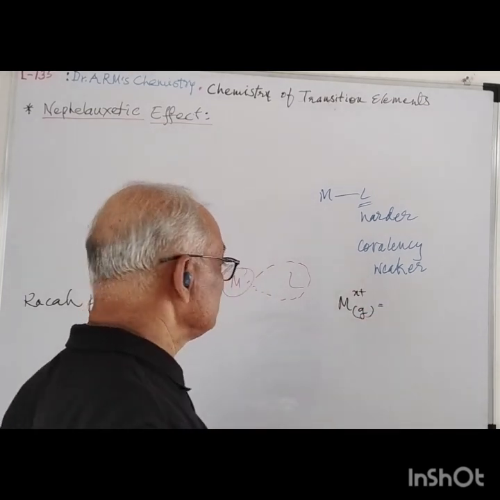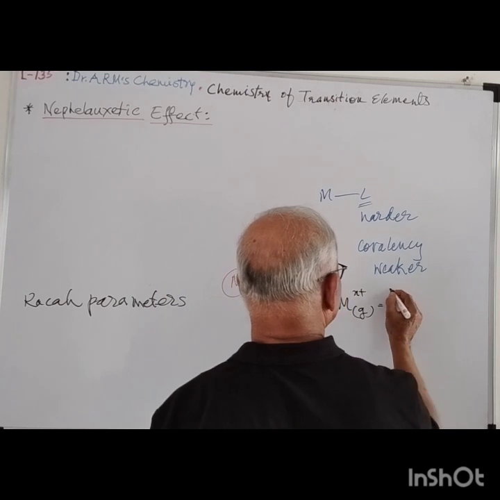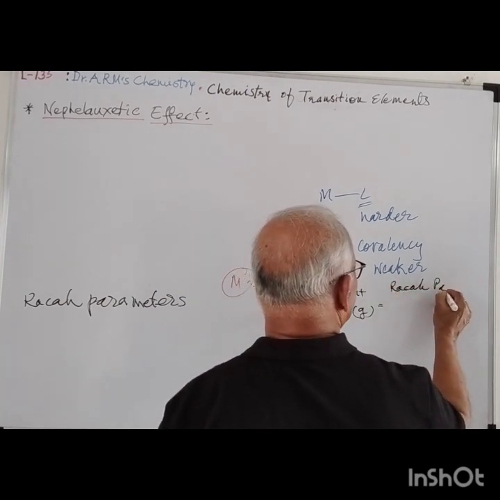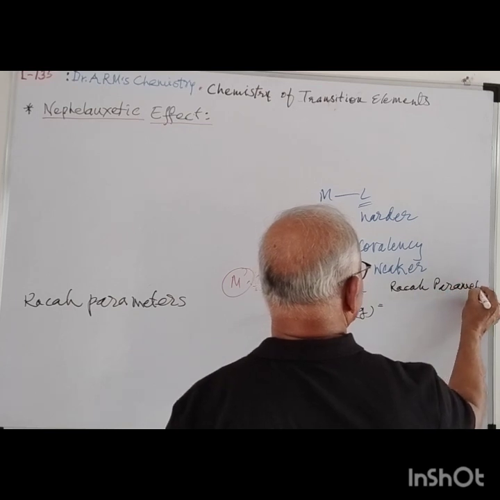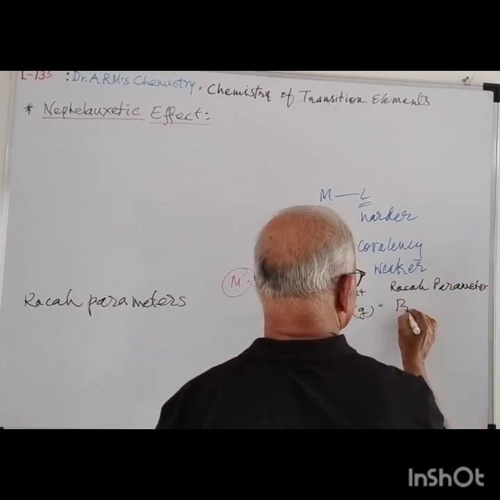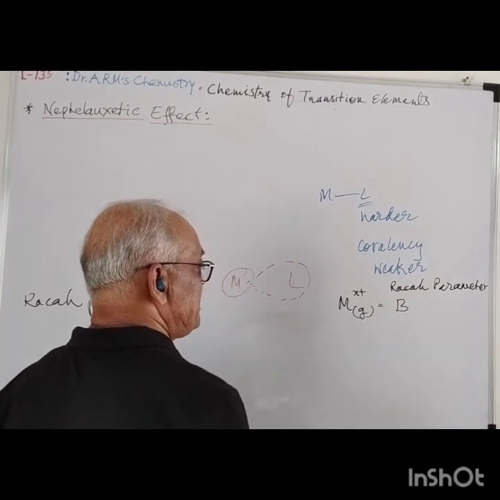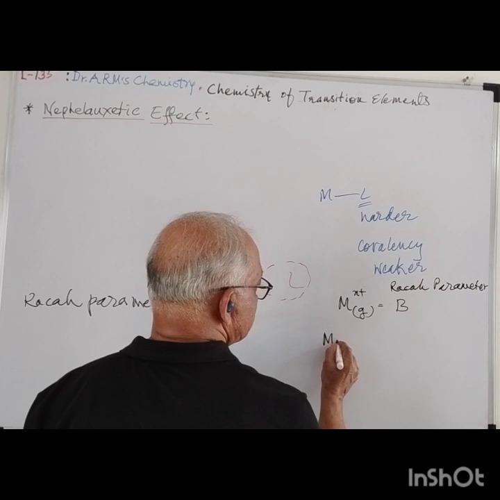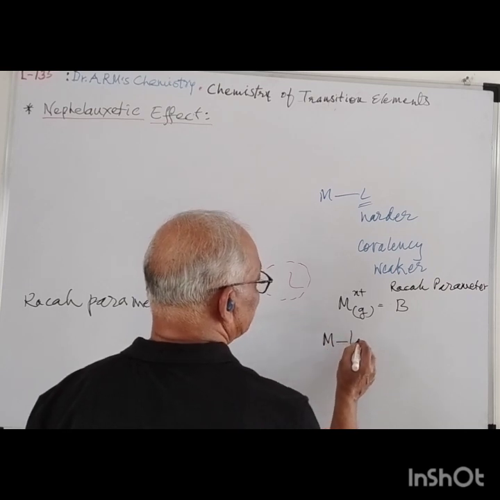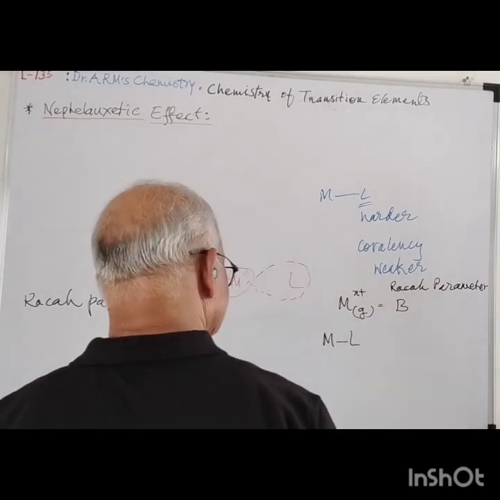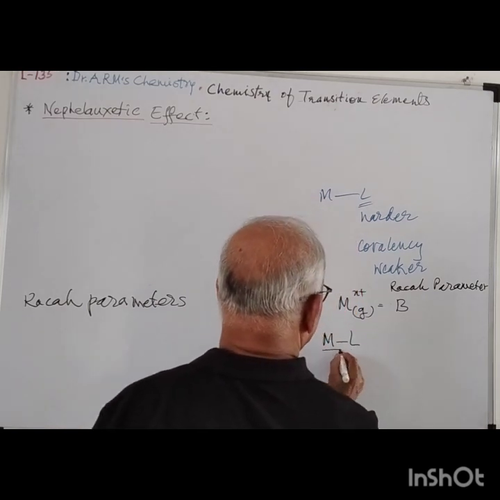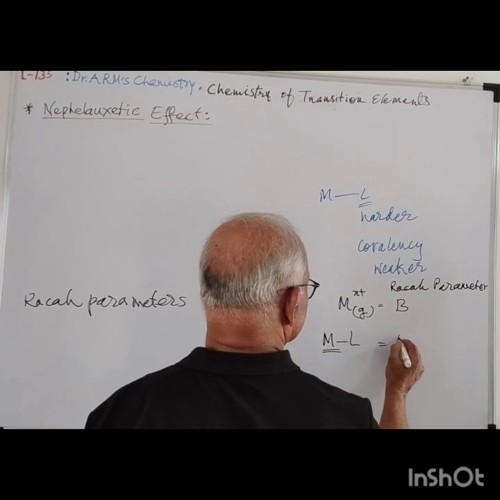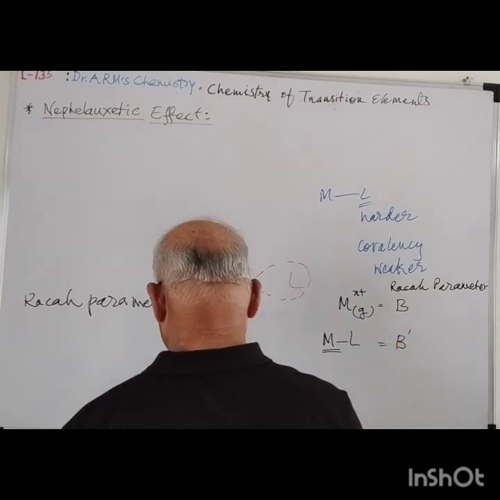It has a Racah parameter called B, and the Racah parameter for the metal in the complex is called B prime.